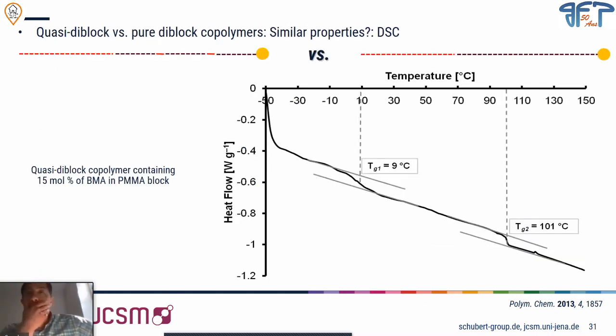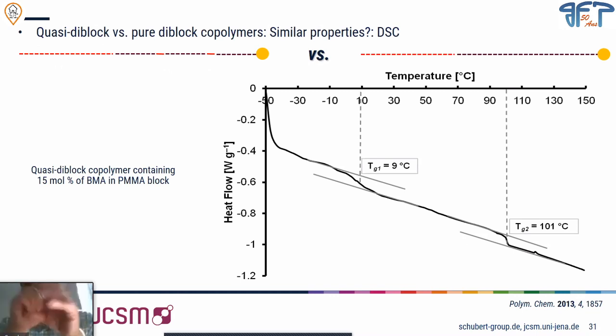But anyway, we published this, so we also measured DSC of these quasi-block polymers to determine if they would behave very similar to a pure block made by the conventional way. And they did. We found 2 Tgs, typical for a block polymer. 1 Tg corresponds to the butyl methacrylate, around 9 degrees.